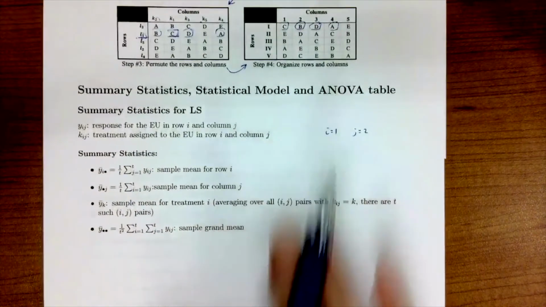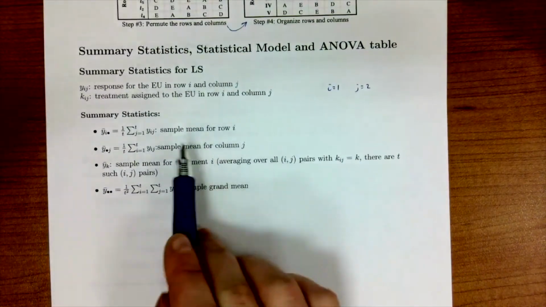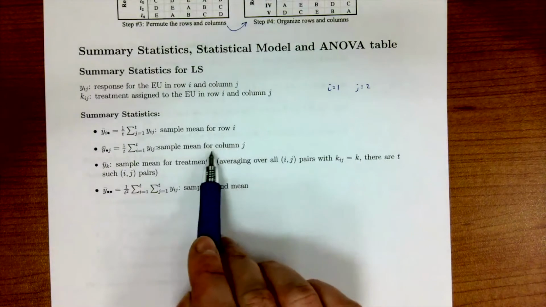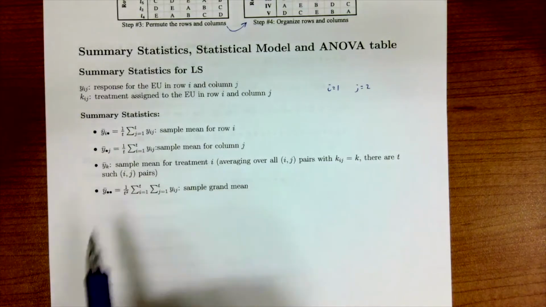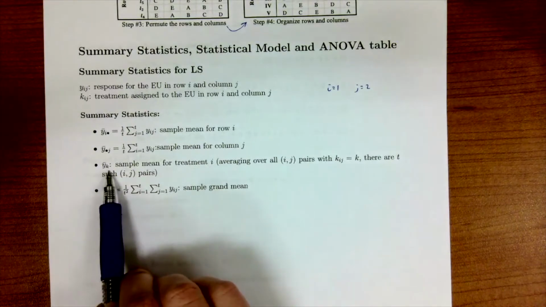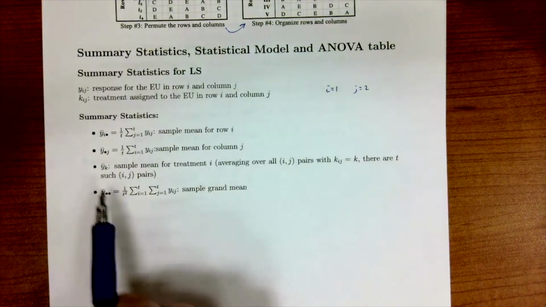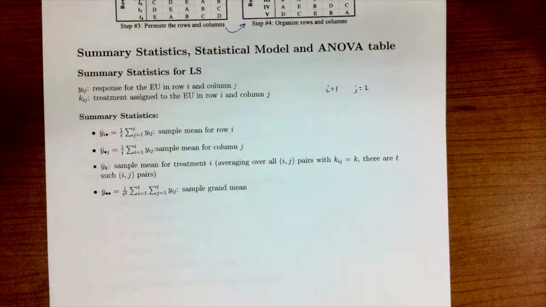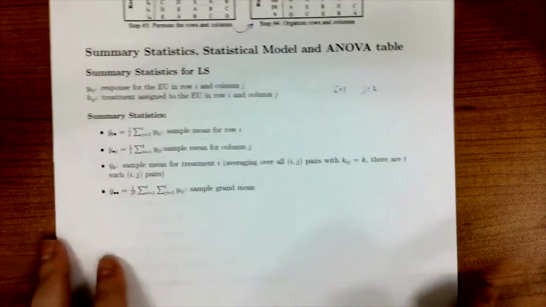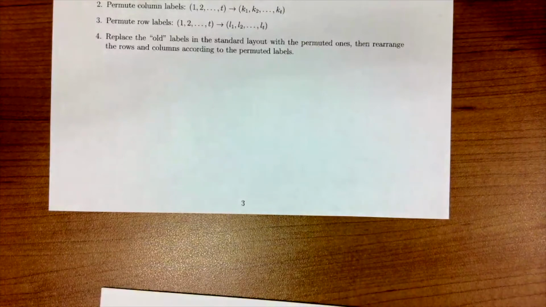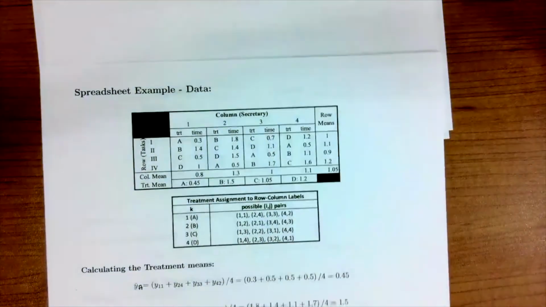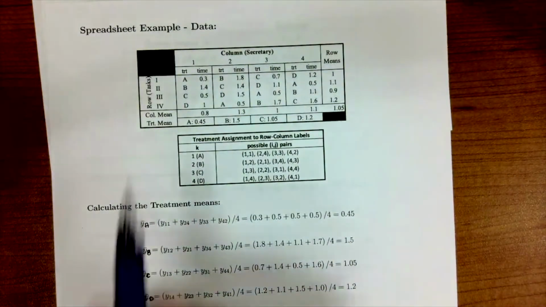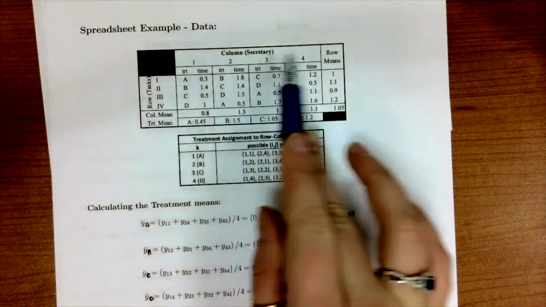We also have our summary statistics, where we can find the sample mean for row i, the column j, our sample mean for treatment k, and then we can also get our grand sample mean. If I was to give you all the data for our spreadsheet example, it would look maybe something like this, where we still have our rows and our columns.